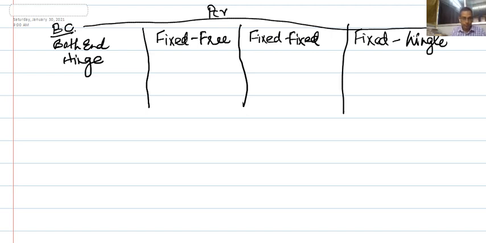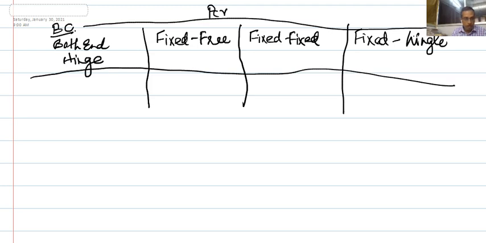If you look carefully, what we learned here is pi square E I by l square.